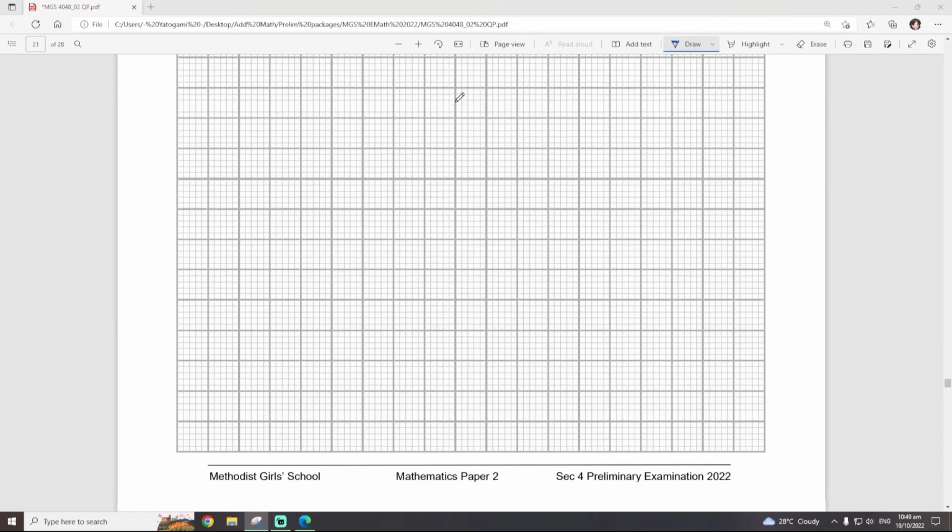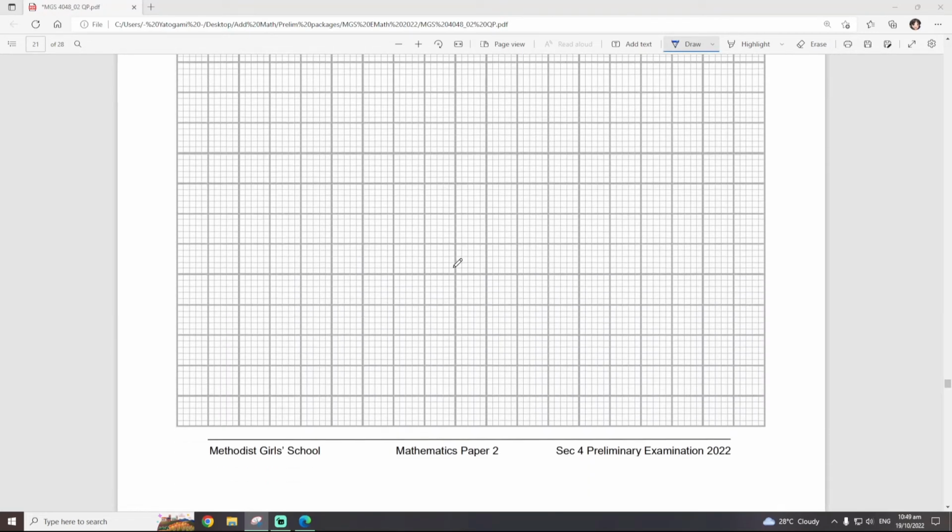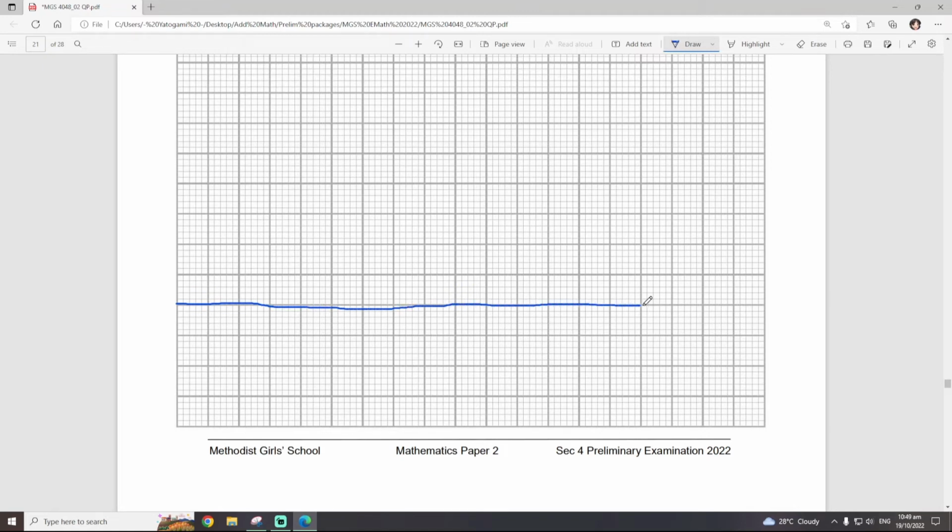Okay. Let's put this here. 2 cm to represent 0.5 degree change. So that will mean that the graph ends over, so this is 1, 2, 3, 4. Okay, so the graph ends here. One, 2, 3, 4. Okay.